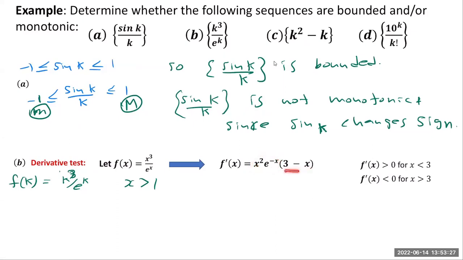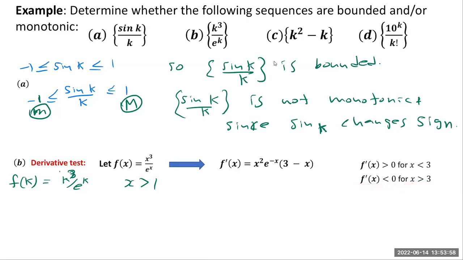When x is less than 3, your f prime of x is positive. When x is bigger than 3, your f prime of x is negative. That means for all x values bigger than 3, your derivative is negative. Derivative is negative means, from the derivative test, your sequence has to be decreasing eventually, because your derivative is less than 0 for x bigger than 3.